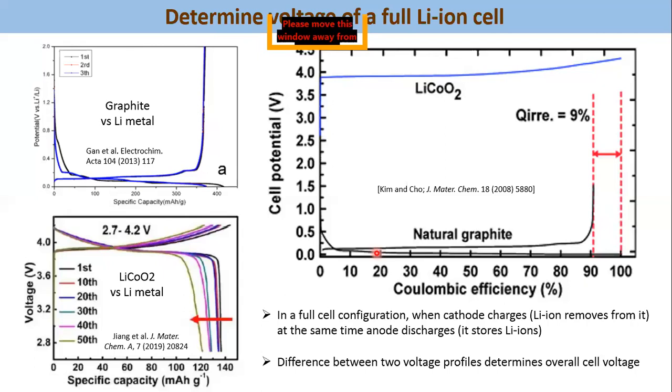The voltage difference between the profile of lithium cobalt oxide and graphite is known as the cell voltage. So if suppose this is 3.9 volt and this is 0.2 volt, this comes around 3.6 volt. If you assemble a cell using graphite and lithium cobalt oxide, that will give you a cell voltage of 3.6 volt.